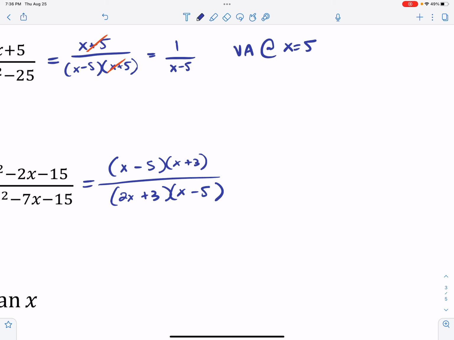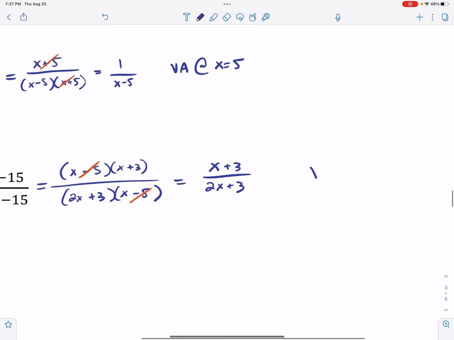Okay. Oh, there is a common factor that indicates removable discontinuity, hole at x equals positive 5. So this simplifies to be x plus 3 over 2x plus 3. So there is a vertical asymptote at x equals negative 3 halves, or x equals negative 1.5.